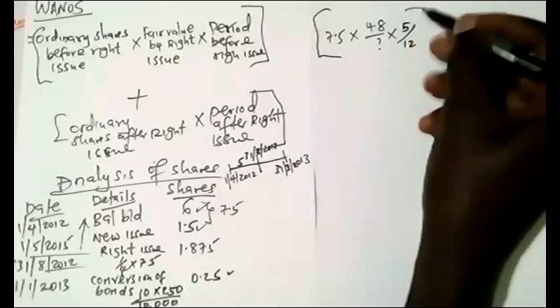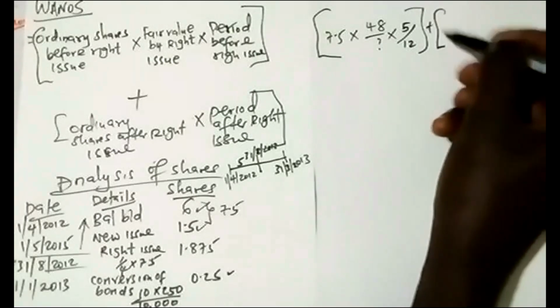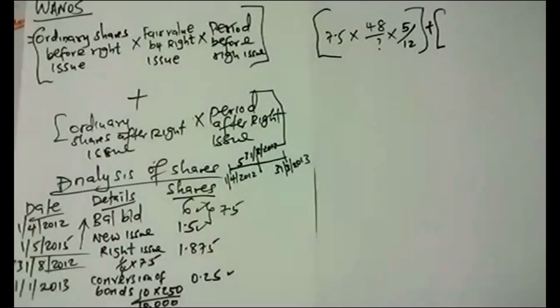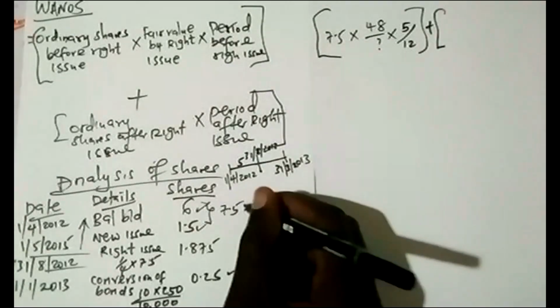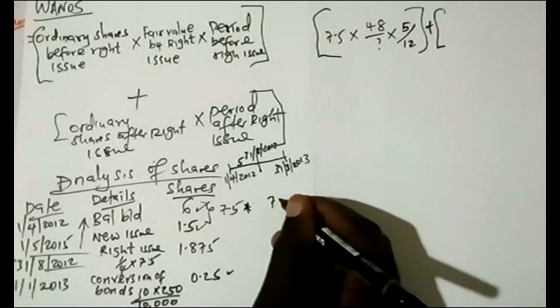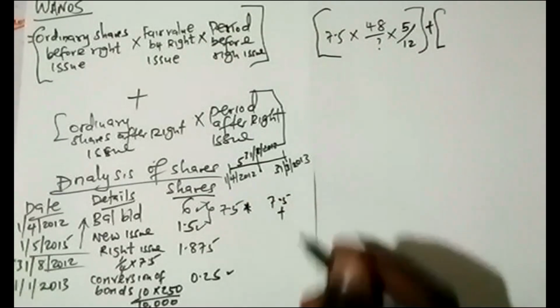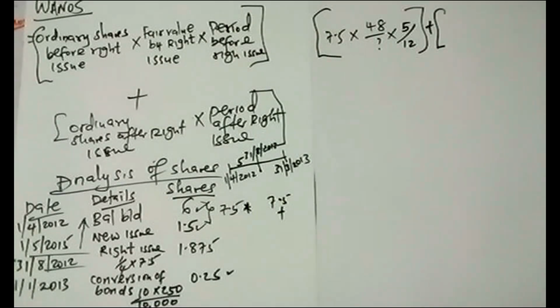over 12. Then you add, not multiply, you add the ordinary shares after the rights issue. So the ordinary shares after the rights issue is the shares which are before, the 7.5, you add with the ordinary shares which were issued through the rights issue. That is how you get the ordinary shares after.